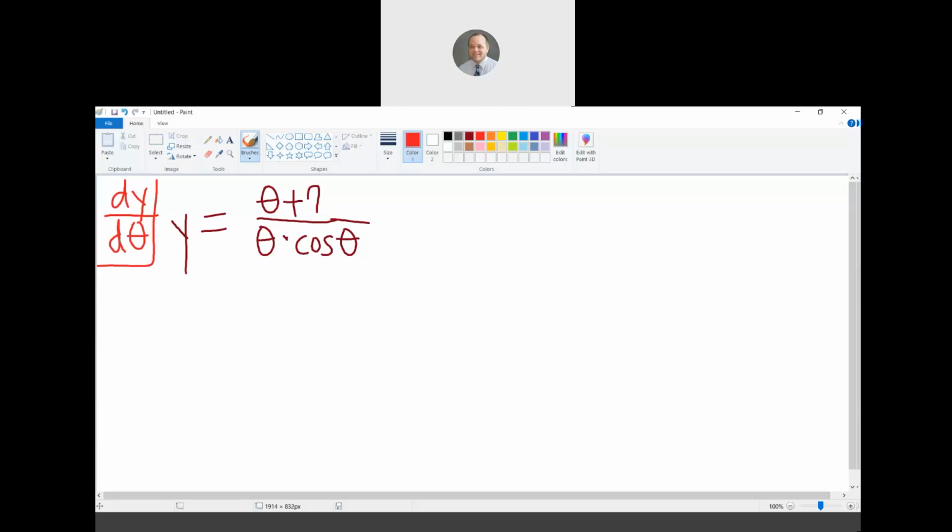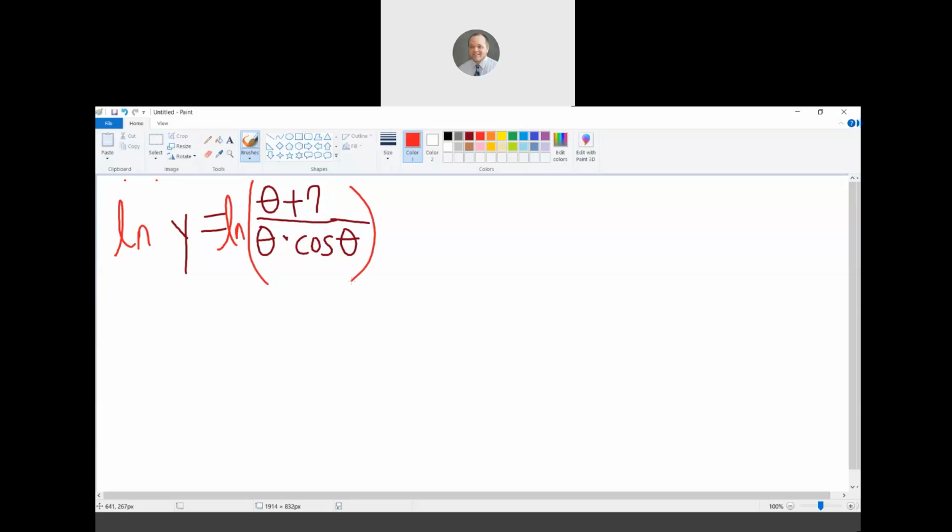The first step, let me erase this. We already know what we're looking for. The first step is to take the natural log of both sides. Use the quotient rule for natural logs to rewrite the right side.